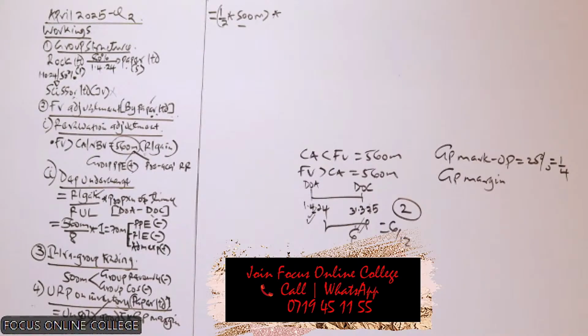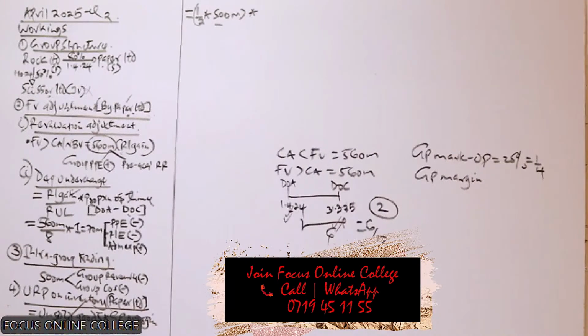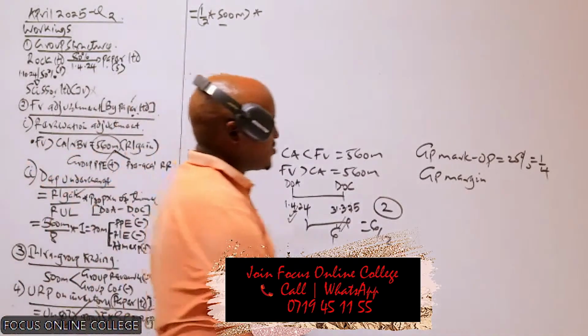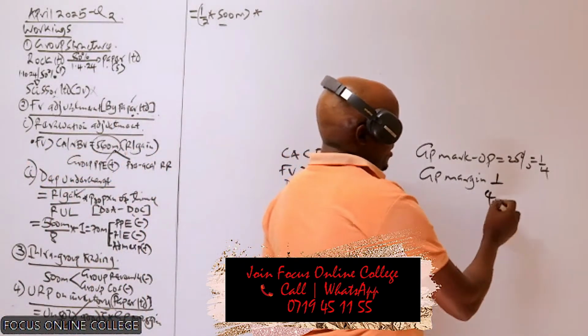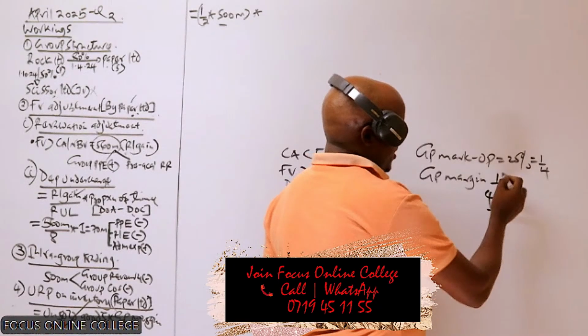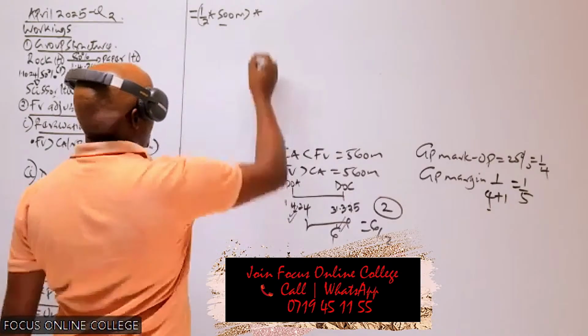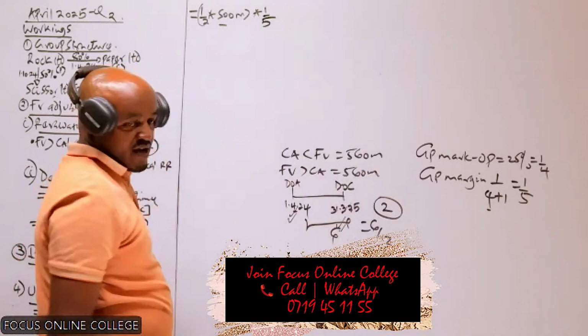As a fraction, the markup is a quarter, and then to the denominator, we add the numerator. It will be 1 over 5. So the margin will be 1 over 5.